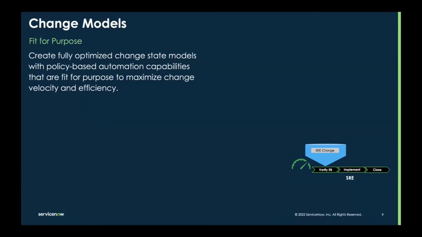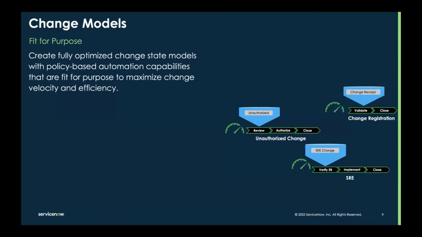EB is error budget. Or you may have an unauthorized change, and with our unauthorized change capability, those will start in review state, and then they'll have an authorized state, and then they close. So it's a much more efficient process.